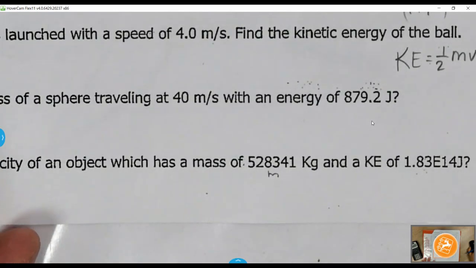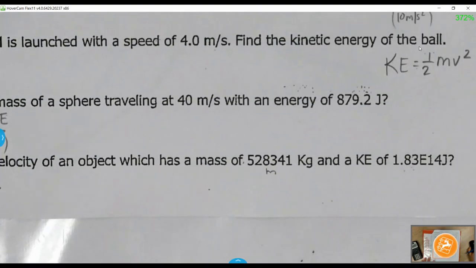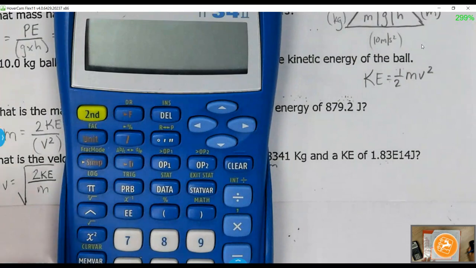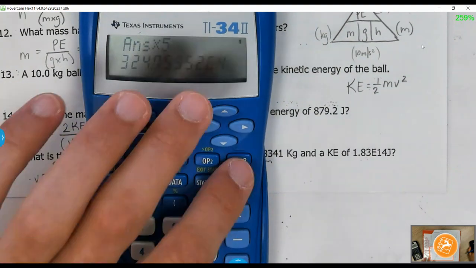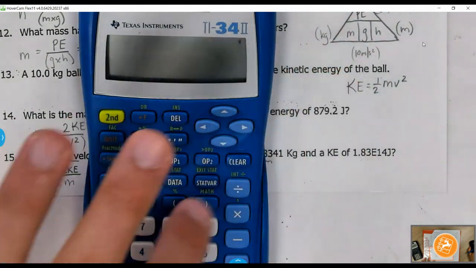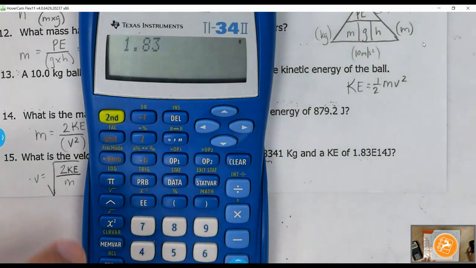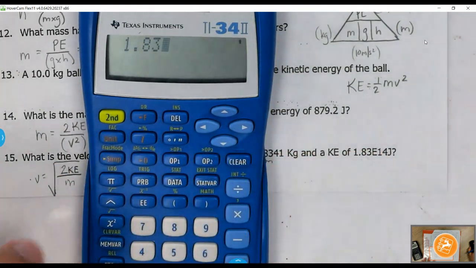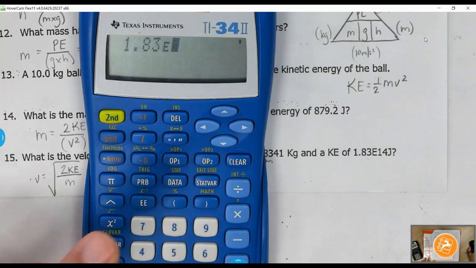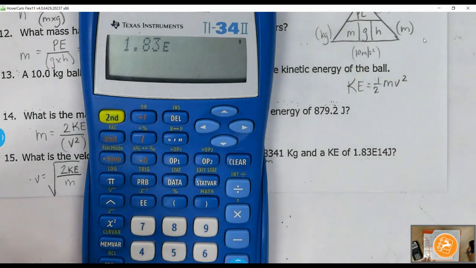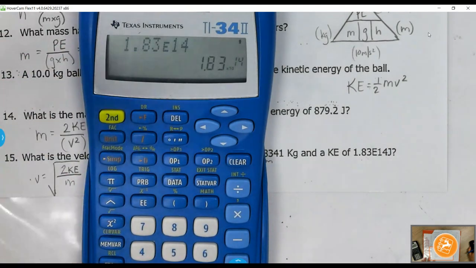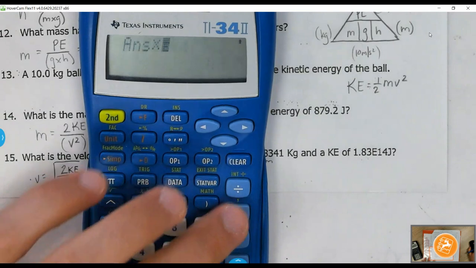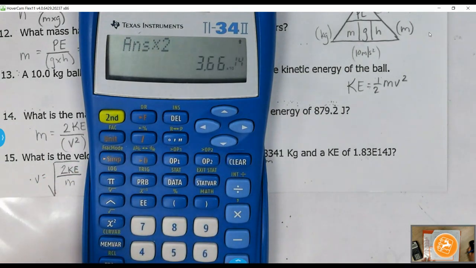If you don't know how to do that into your calculator, that is going to be 1.83 e to the 14th. To get e, you're going to hit this button here, the double E, times 14. Okay, it throws it into your calculator. It's a very, very large number. Then you got to multiply that by 2.